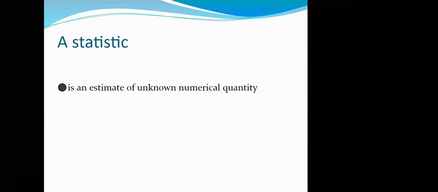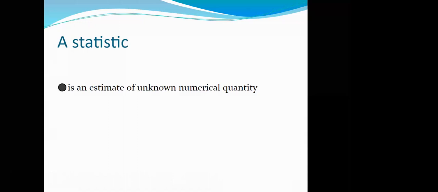For example, let's say we select a random sample of 100 students from a group of 1,000 students. So in a school there are about 1,000 students, and we randomly select about 100 students.